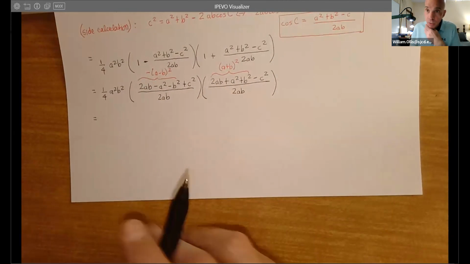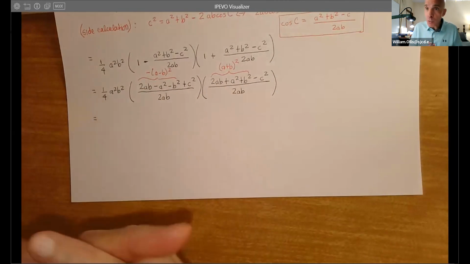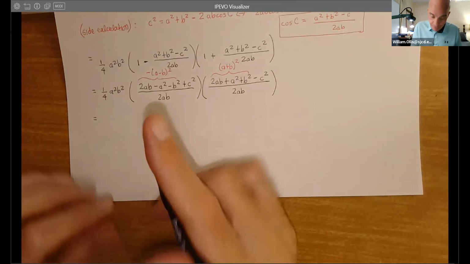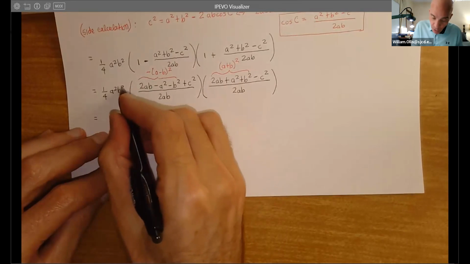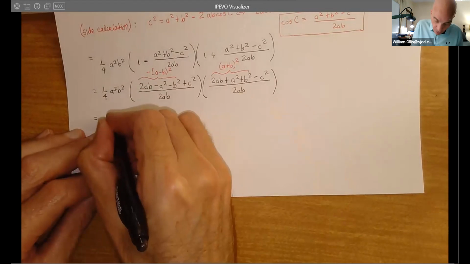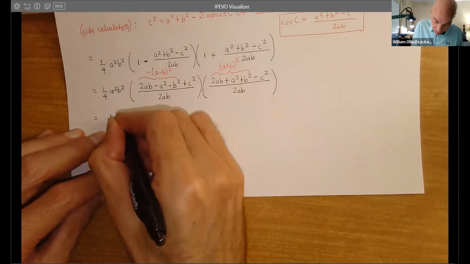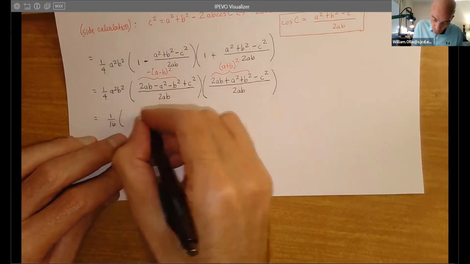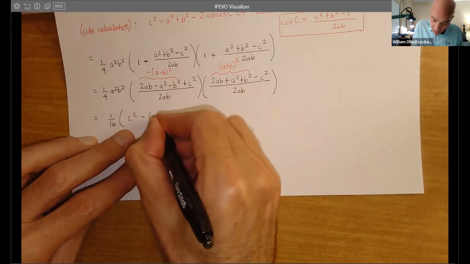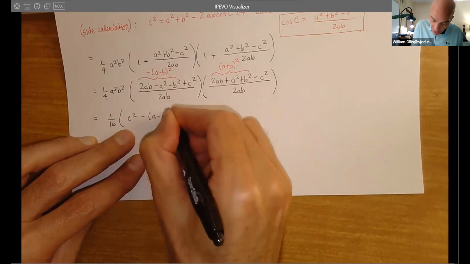So that's good too. So now we're going to have differences of two squares again, which we can further simplify by factoring. So now the a squared, b squared are absorbed, and we get 4 times 4, which is 1/16. And this leaves us with, well, we'll just write the c squared first, minus a minus b quantity squared.